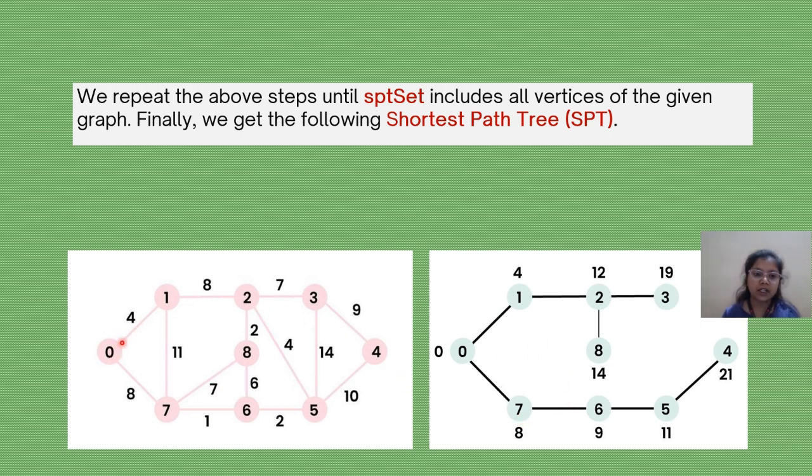But if we take the distance via other nodes than what we have chosen, for example for 0 to 2, if we take 0 to 7, then to 8, then to 2, it's the longest path. So we will choose the minimum distance, that is 0 to 1, then 1 to 2. It is 4 plus 8, it is 12. So this is how Dijkstra's algorithm works out.